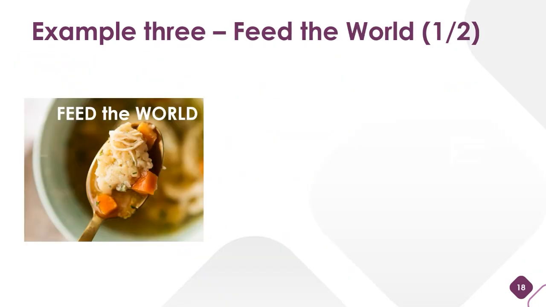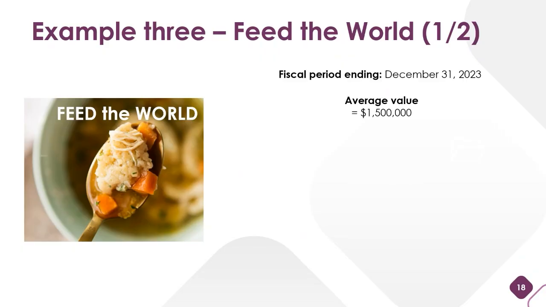One last example. Meet Feed the World, a fictitious charitable organization that has been registered for 10 years. Again, our goal is to calculate their DQ for the December 31st, 2023 fiscal period ending. But in this example, we already have the average value of their property from the past two fiscal periods, $1,500,000.